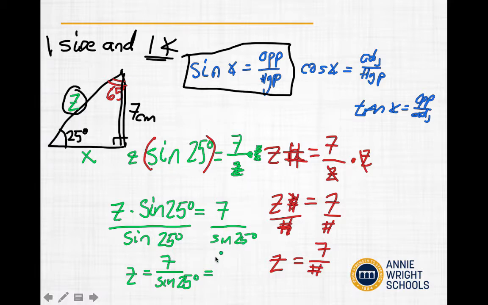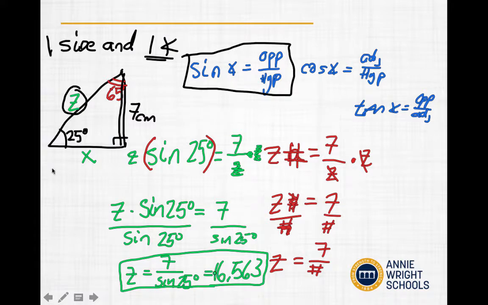So let's round to 3 decimal places. 16.563. Now, I don't know if I'm right, but one thing I do know is that if I look at my right triangle, I got that the hypotenuse is 16.563. At least it's bigger than the opposite side. So that's a pretty good start.